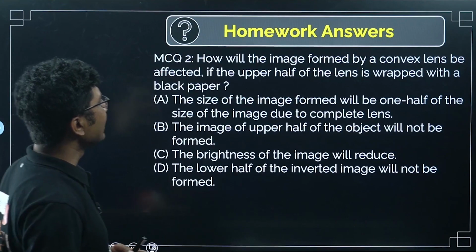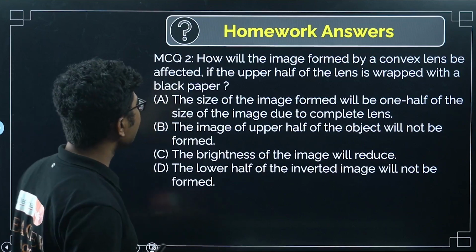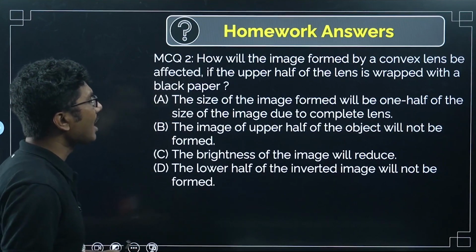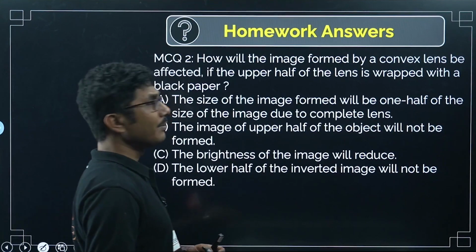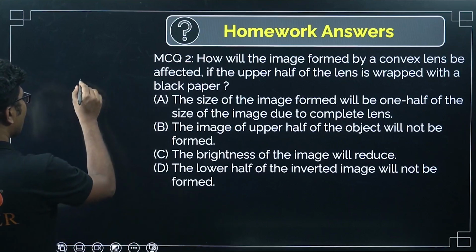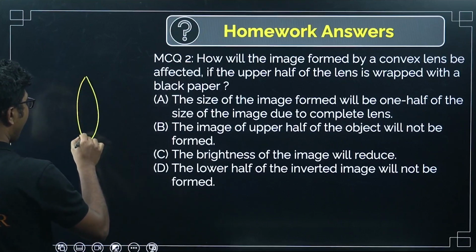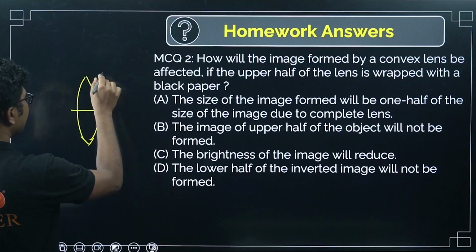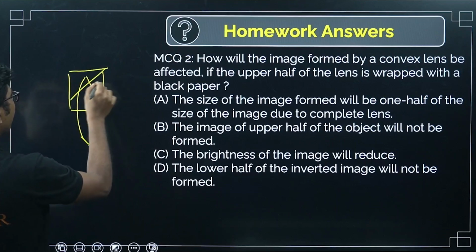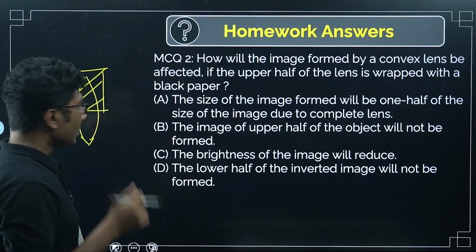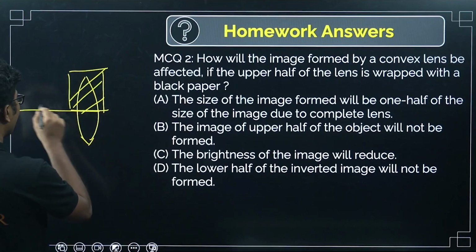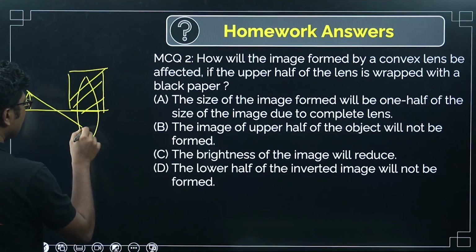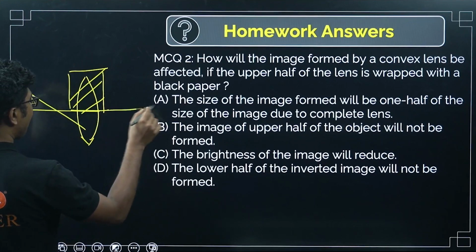How will the image formed by a convex lens be affected if the upper half of the lens is wrapped with black paper? So we have a convex lens and the upper half is wrapped in black paper. Now what will happen? The image will still be formed because the rays will still pass through it.